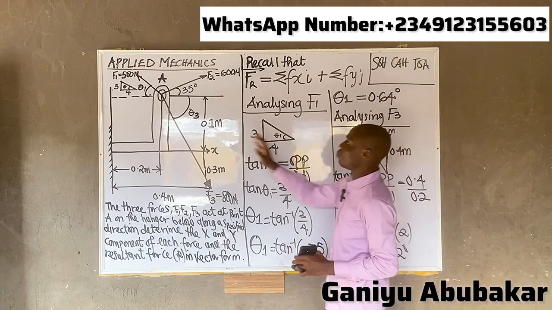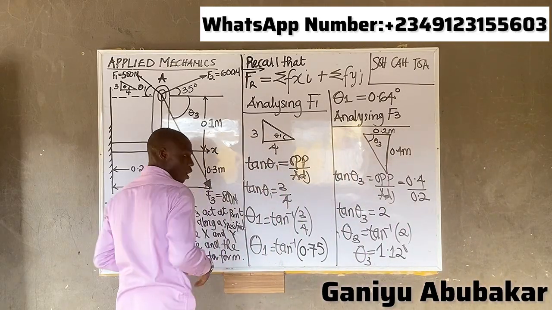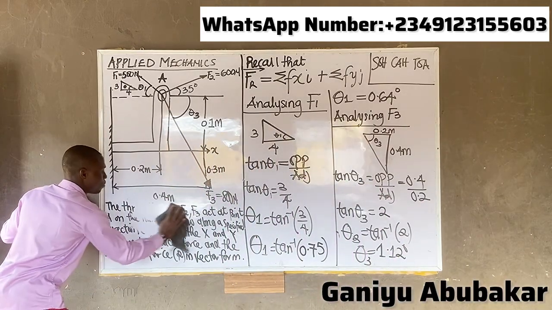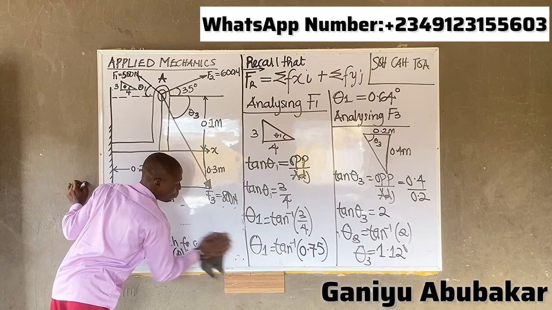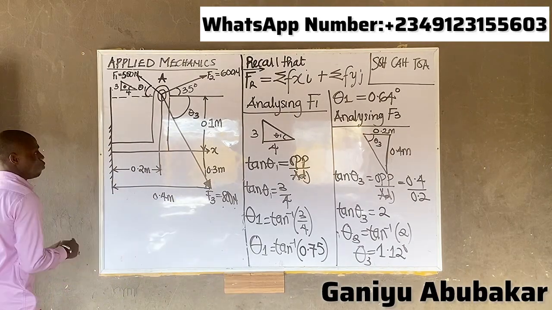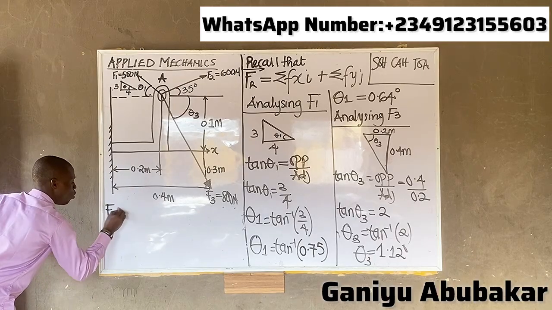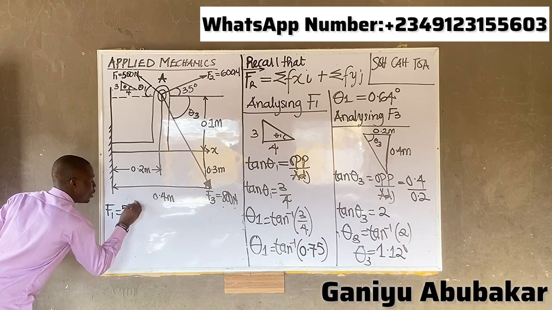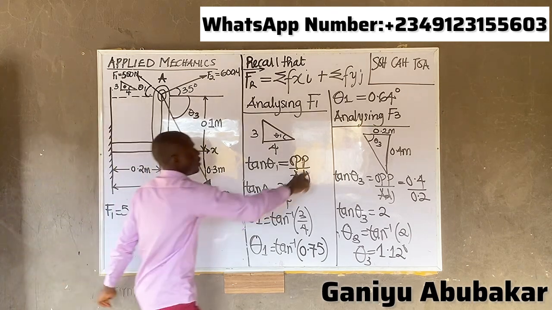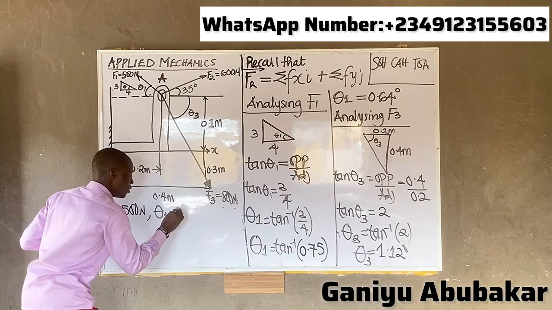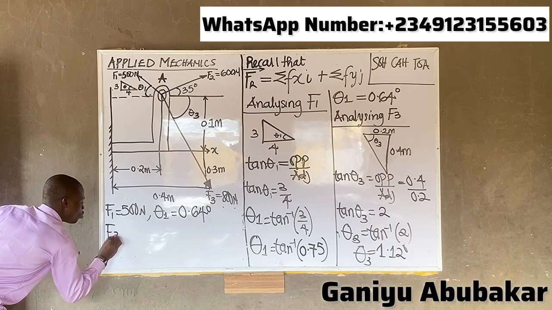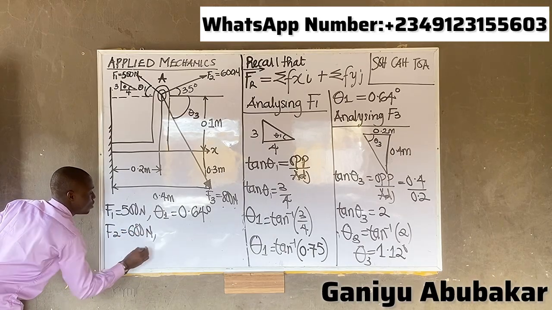So let's go back and put in the values there. I will erase this question and put in what I have now. So look up please. From here, we said F1 is of course 500 Newton. Theta 1 is 0.64 degrees. Let's do F2. F2 is 600 Newton.